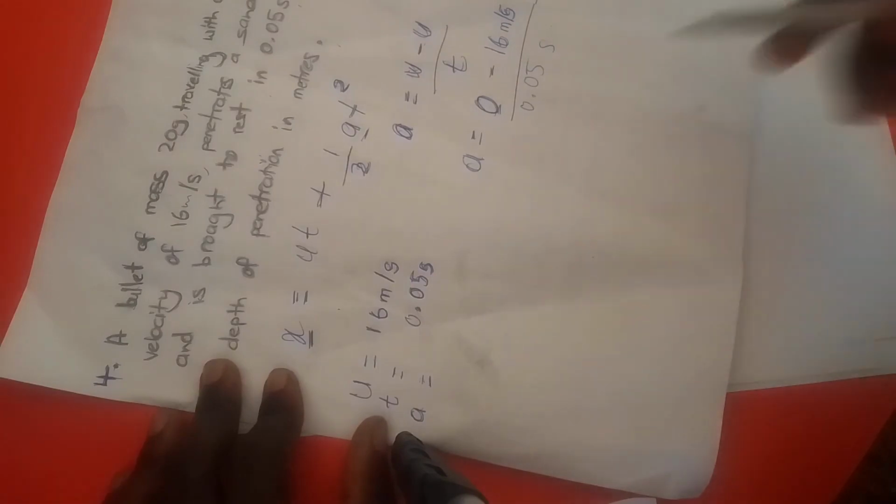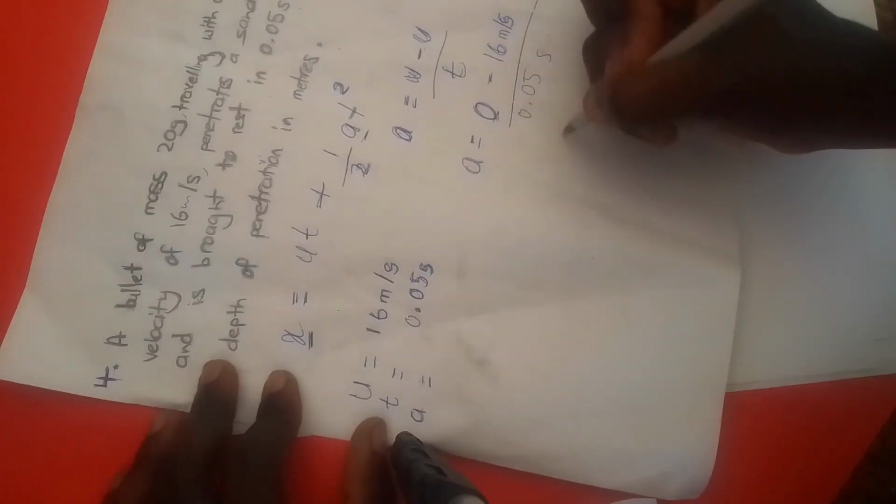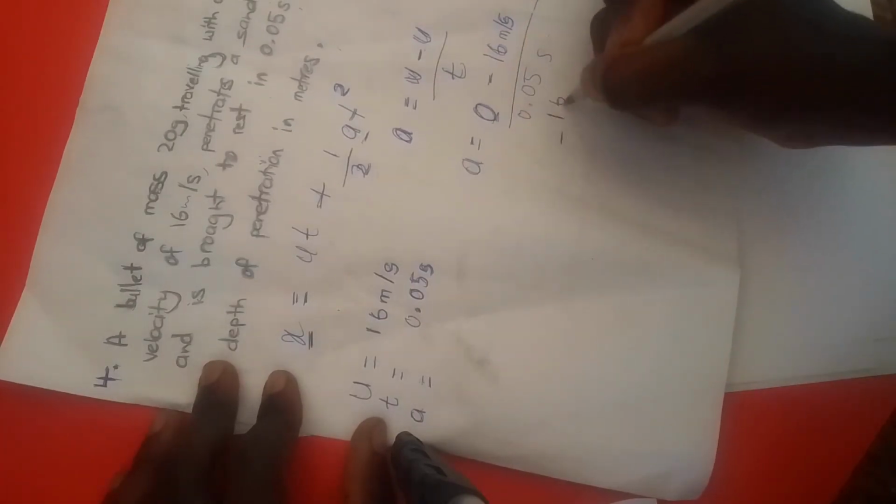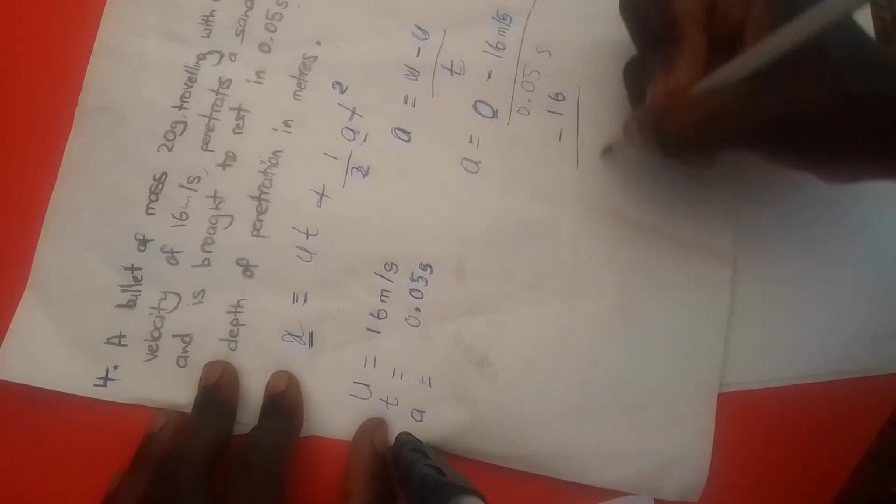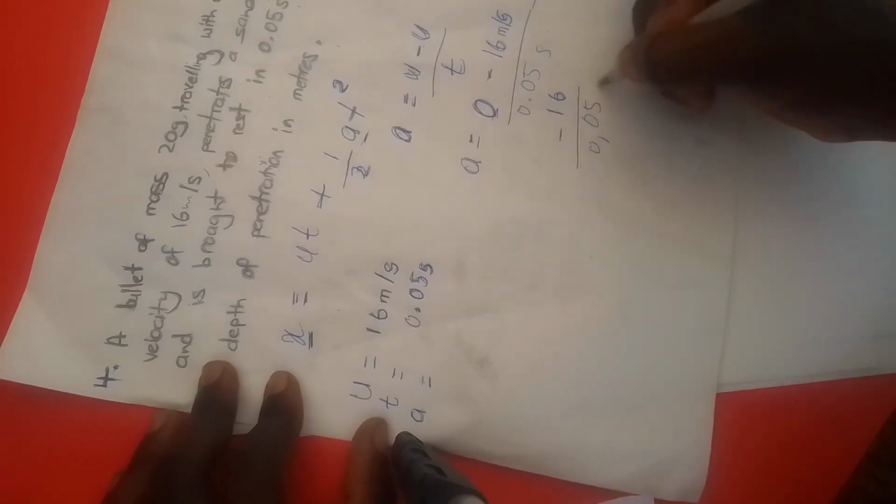That's when the bullet went to rest. So obviously we're saying that negative 16 over 0.05 seconds, meters per second. So we have a negative. Whenever we have a negative, it means the body was decelerating. We've talked about this.